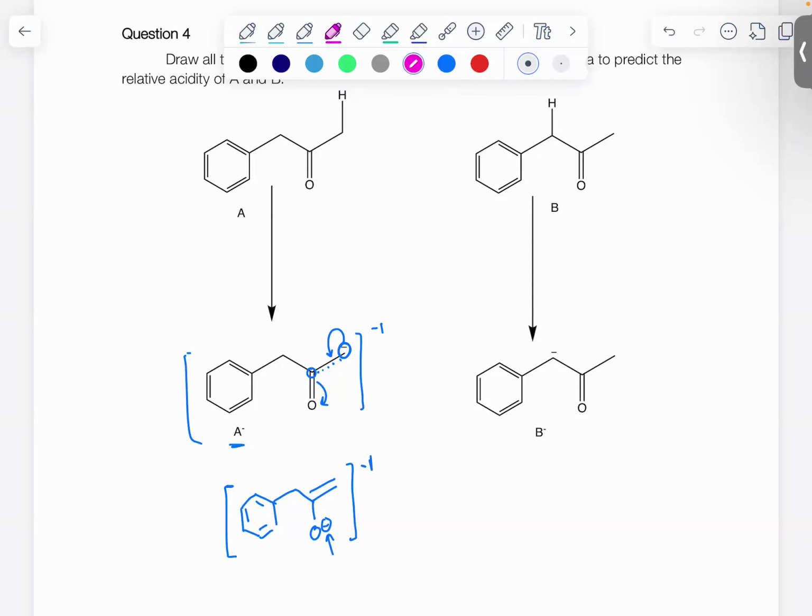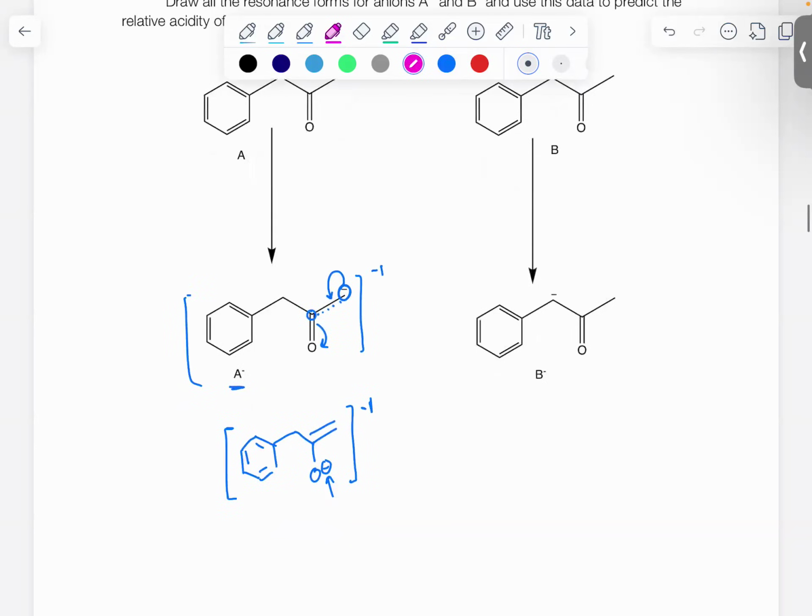Now, with resonance forms, we want to keep going until we've exhausted all of our options. So if we push those electrons back down into the system, again, we're going to overload this carbon by forming that pi bond here. And so those electrons could go to the right, they could go to the left, they could go out, but those aren't all feasible.